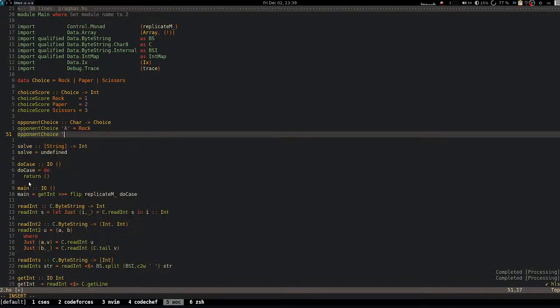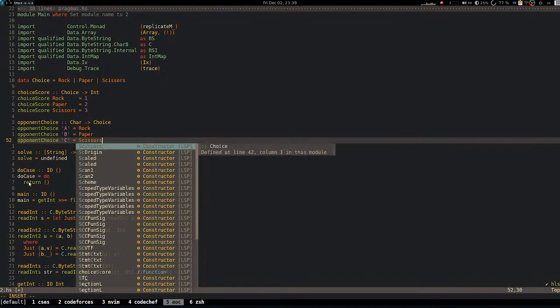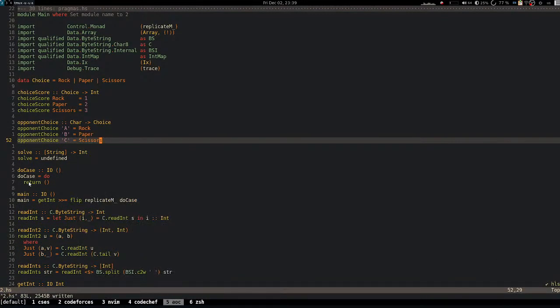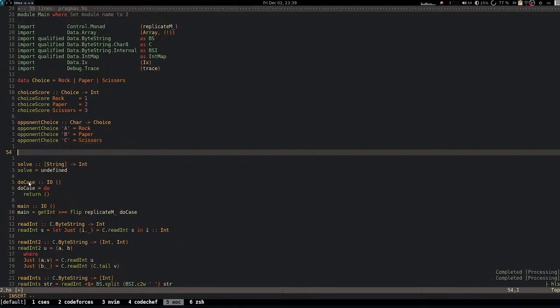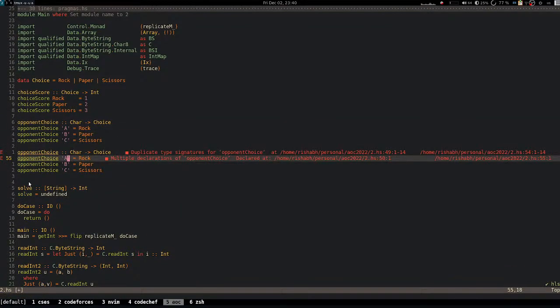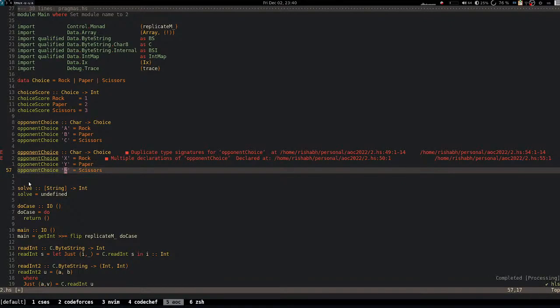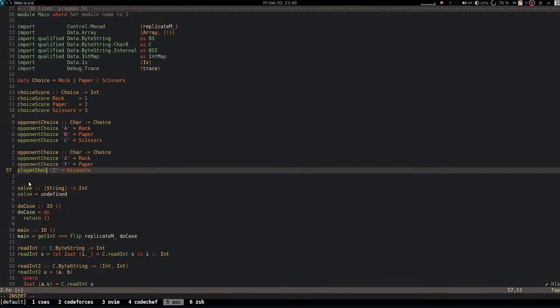Opponent choice for B is paper, and opponent choice for C is scissors. What is next? We have player choice, and it's the very same thing, just with XYZ. We just change this to be player choice.